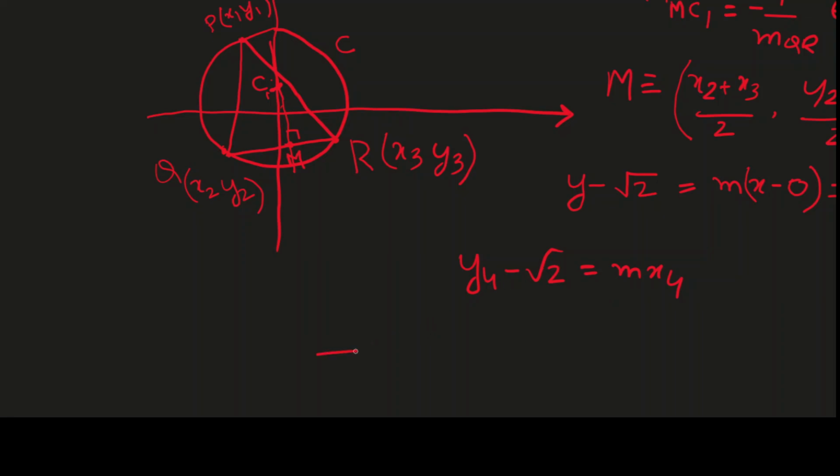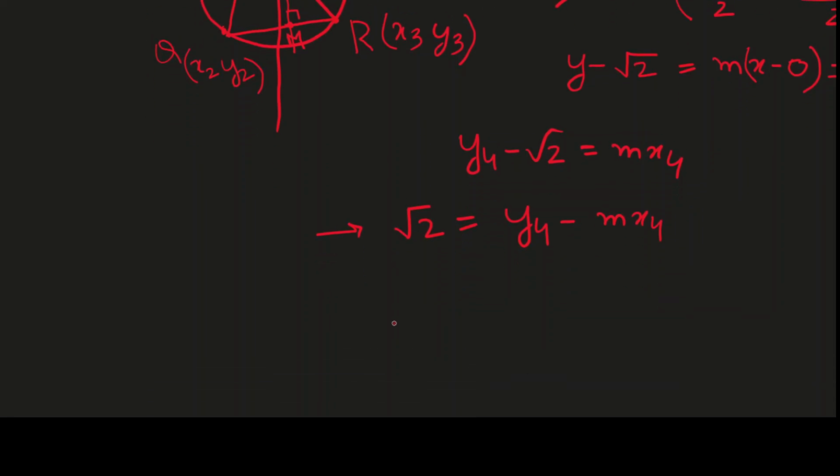So we have y4 minus root 2 equals m x4, which gives root 2 equals y4 minus m x4. Now on the right hand side, y4 is rational, the slope is rational, and x4 is rational. So the right hand side is rational, and the left hand side, root 2, is, we know, an irrational number.